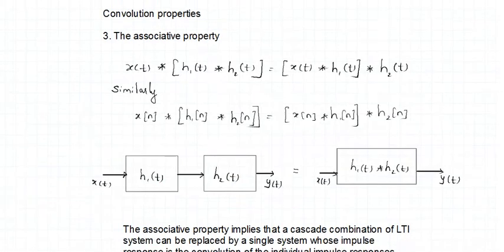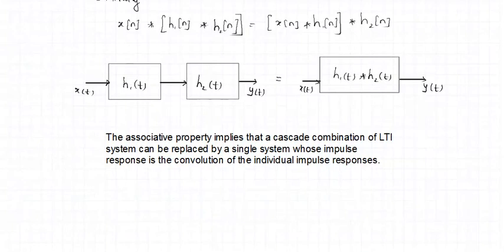Putting it in a statement, the associative property implies that a cascade combination of LTI systems can be replaced by a single system. Here you have cascaded systems: the input goes to this system, its output is input to another system, and that's why it's called a cascaded system.